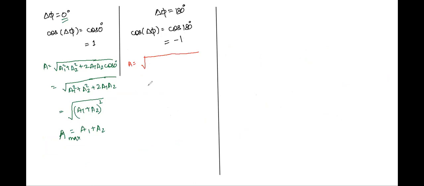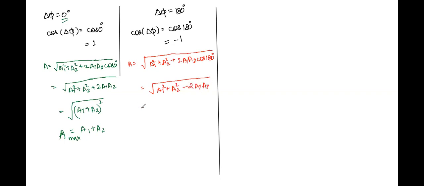Are you sure of what I'm saying? Maybe it's 0. Just confirm. Yes, it's -1. Don't just agree blindly. Let me know if I'm incorrect, right? So now tell me the substitution. Yes, Karuna. Root of a1 square plus a2 square minus 2a1 a2. Very good.